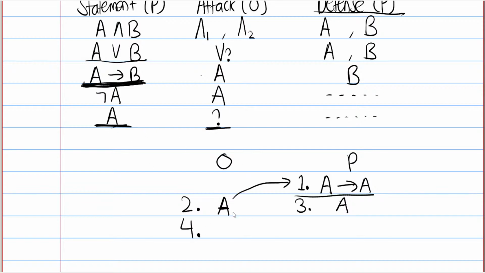You attack, you put a question mark down, but lo and behold, P says you just challenged yourself. You just attacked a statement that is said by yourself already, right?